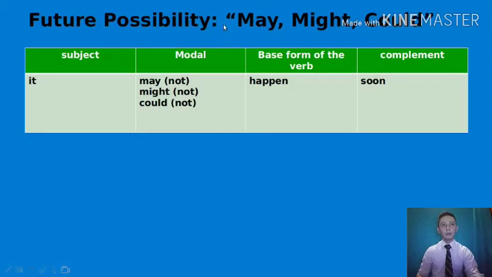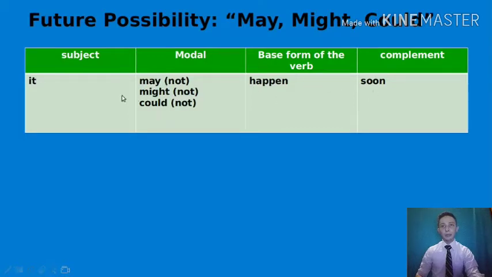For future possibility, we use may, might, and could. We have the structure here: the subject plus the modal plus the base form of the verb plus the complement. It is almost the same for all the cases. And we have the subject, it, the modals here, and the verb, and also the complement.